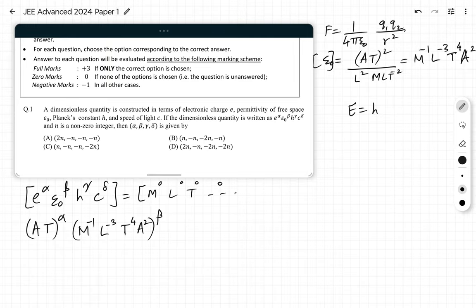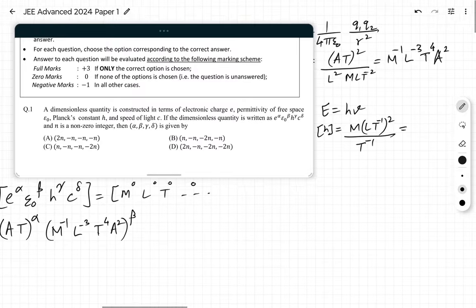E equals h nu, packets of energy. The dimensions of h would be energy divided by frequency. Energy, take any one, mgh or half mv squared. Half mv squared will give us mass and velocity squared, which is length and T minus 1, squared, divided by frequency, which is per second, time inverse.